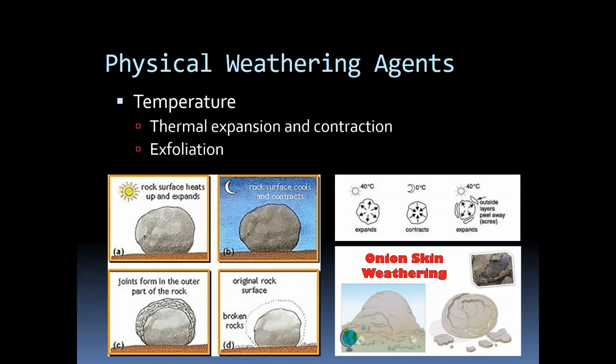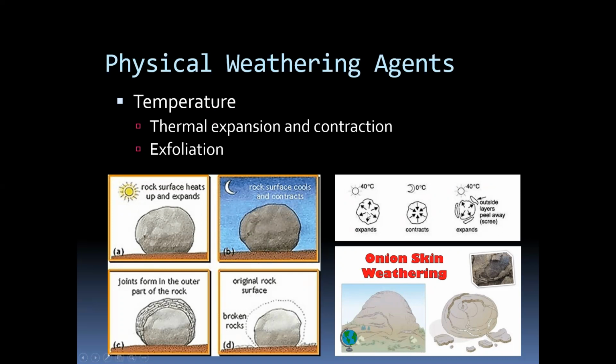Expansion of the rocks would happen. Now, what would happen during the night when the temperature cooled down? Contraction happened. And the next day, again, you will have expansion and contraction. Because of this action, the rocks can be broken down into smaller pieces.